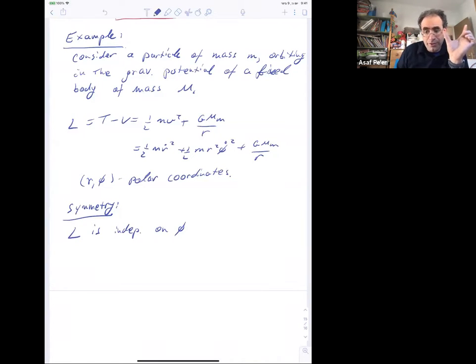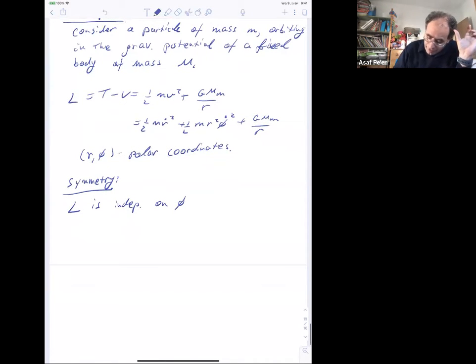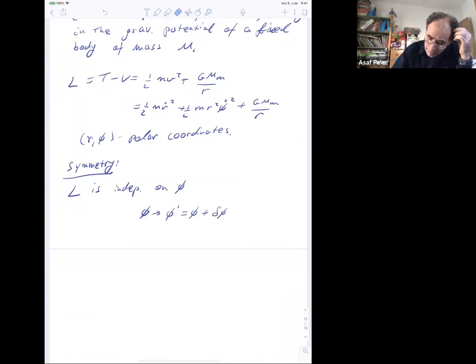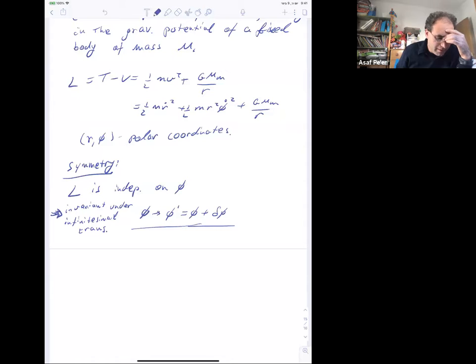Remember, it has to be a continuous symmetry. If we take an infinitesimal transformation from phi to phi prime, which is phi plus delta phi, where phi here is an angle, don't confuse it with a field, then the Lagrangian is invariant under the infinitesimal transformation.